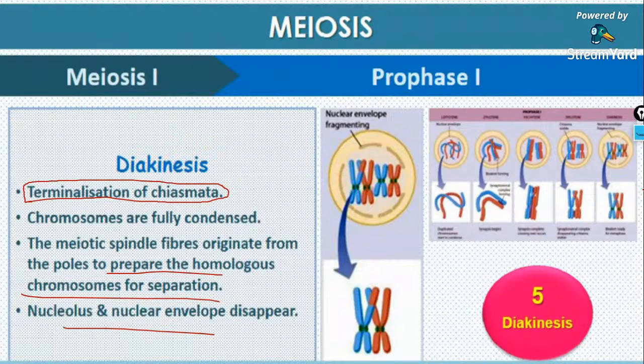Complete dissolution of the synaptonemal complex occurs. Chromosomes become more condensed and shorter, and since they are tightly condensed, the chiasmata slip off to the top and terminalization is clearly visible in diakinesis. Spindle fiber formation starts.